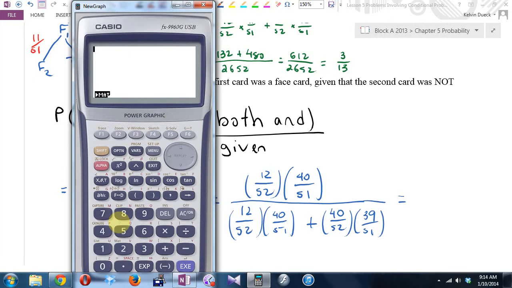Probably something like that. 12 over 40, divided by 12, 40, or 40.